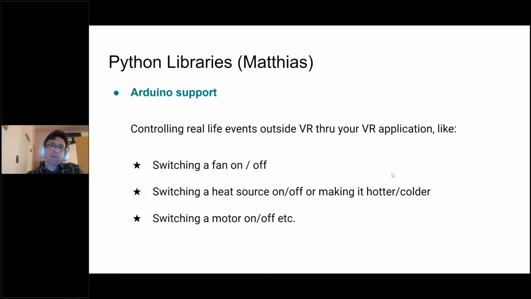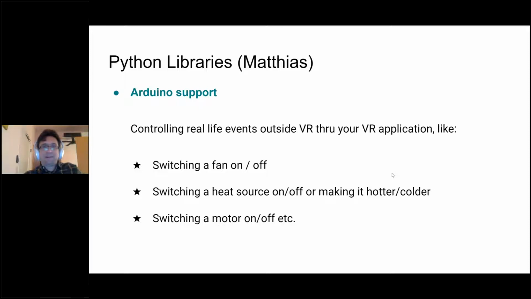With a Python library that supports that, it's now possible to control, through Vizard, any kind of real-life motors, engines, switches, whatever you want. And that obviously can be used in very creative ways to add to a simulation.